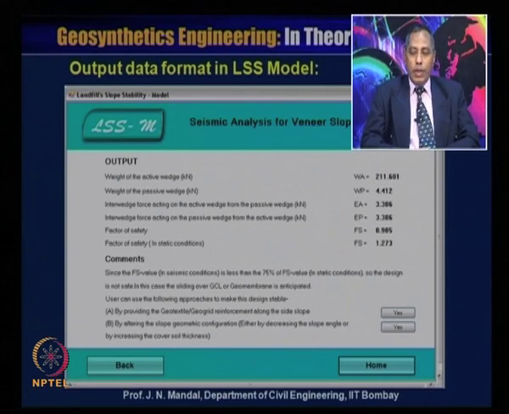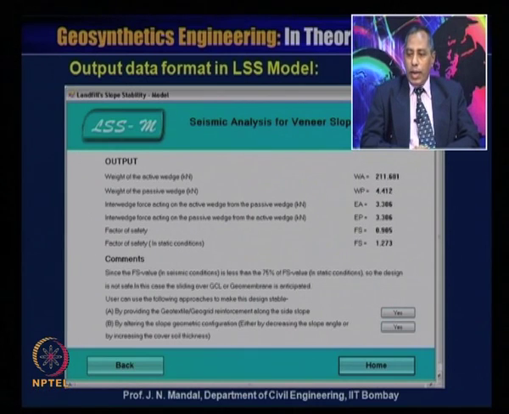So, what is the comment? Since the factor of safety value in the seismic condition is less than 75% of the factor of safety value of the static condition, the design is not safe. In this case, sliding over the geosynthetic clay liner or geomembrane is anticipated.